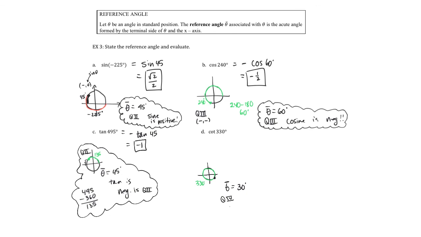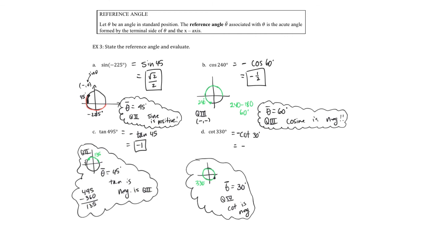Okay, our problem is talking about cotangent, and cotangent is negative in quadrant 4. Okay, so now this is going to simplify. It's going to have the same value as cotangent of 30, but it needs to be negative.